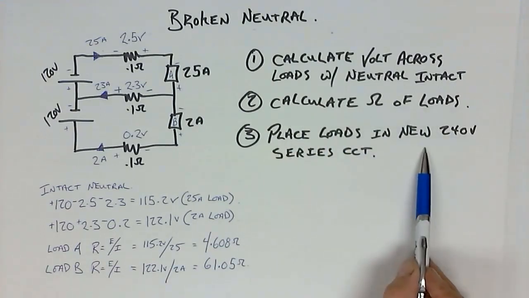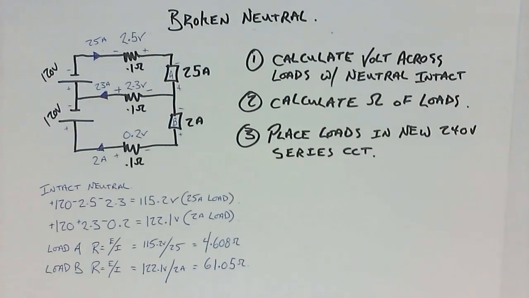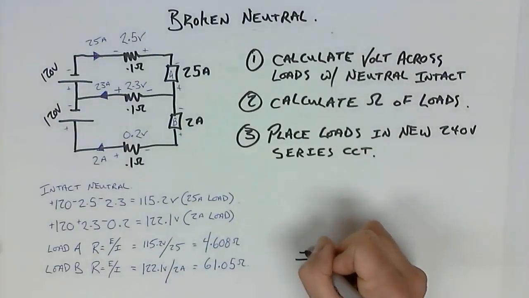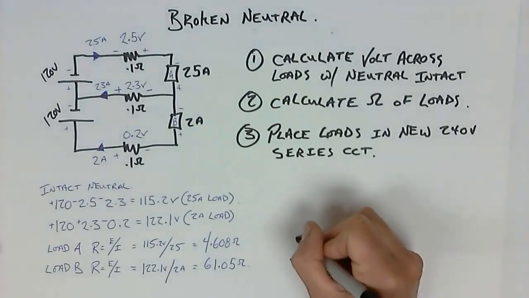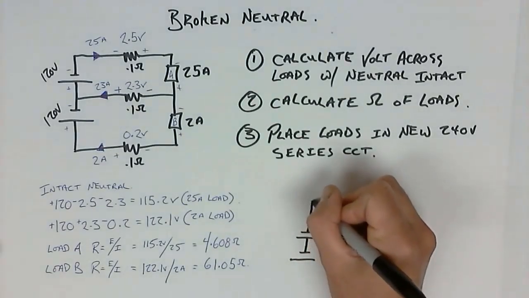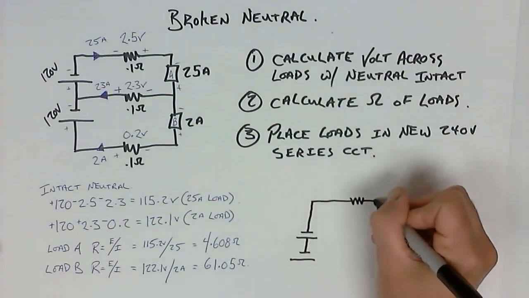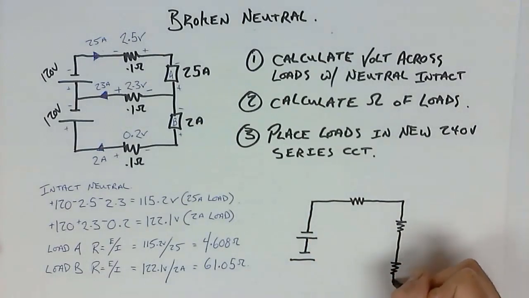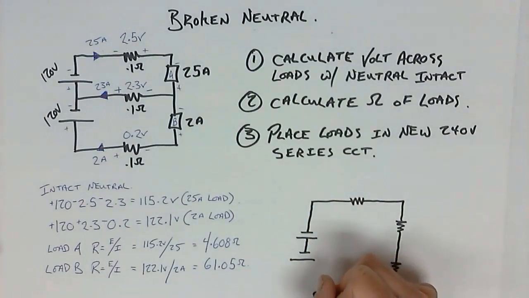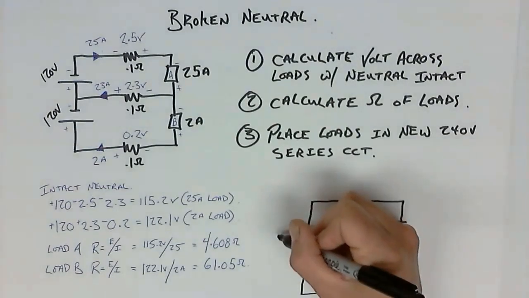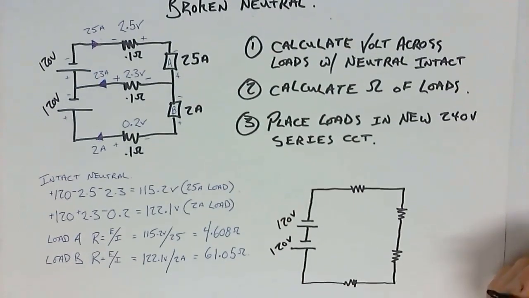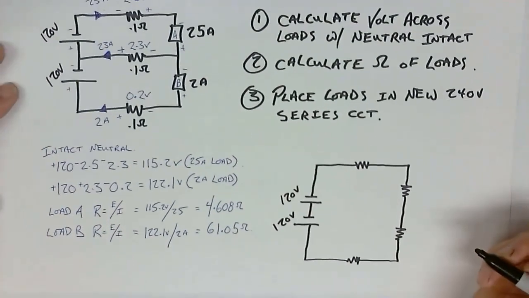Now we place loads in a new 240 volt series circuit. So what happens when we break the neutral is we end up with a situation like this. Don't forget about the line conductors. 120 volt, 120 volt gives me a source voltage of 240 volts.